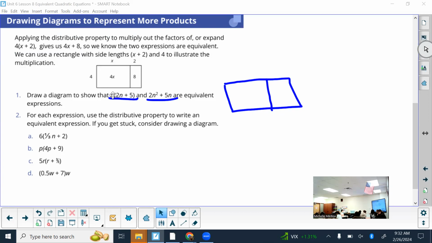The diagram to show that these two are equivalent, what would need to go here where my mouse is? All right, table 1, what would have to go here where my mouse is? Table 2, what would have to go here?